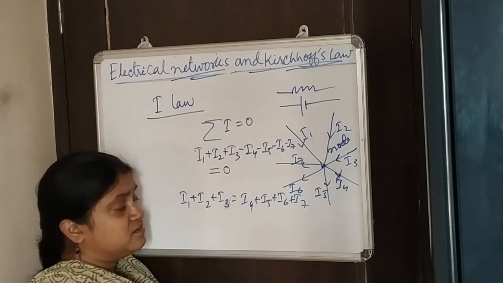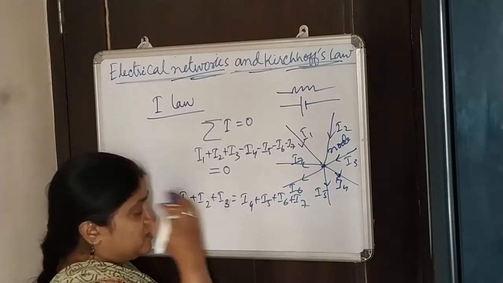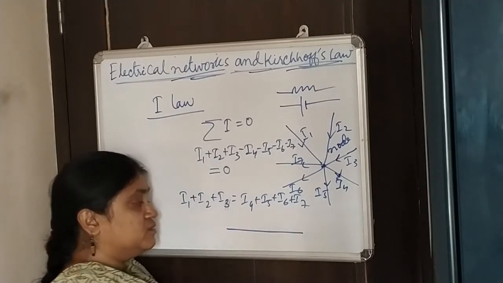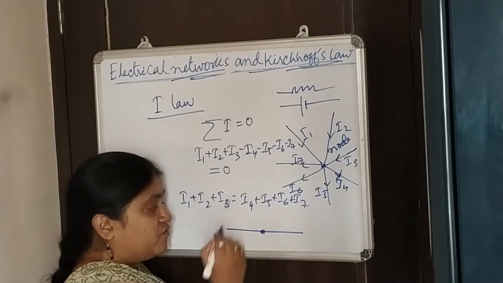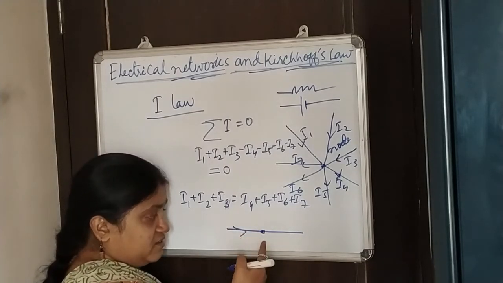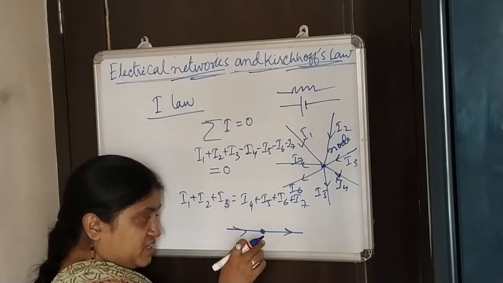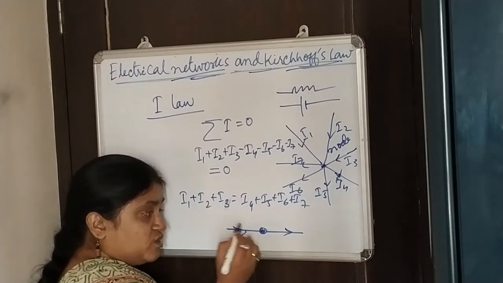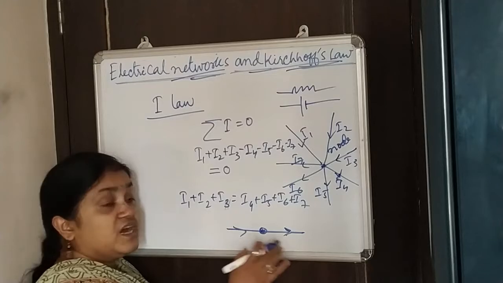This gives us one very interesting thing. Suppose at a particular junction there is a flow of current, some entering and some leaving. The sum of all the currents entering this node and the sum of all the currents leaving the node are the same.